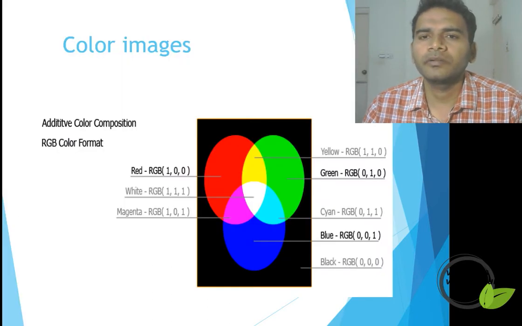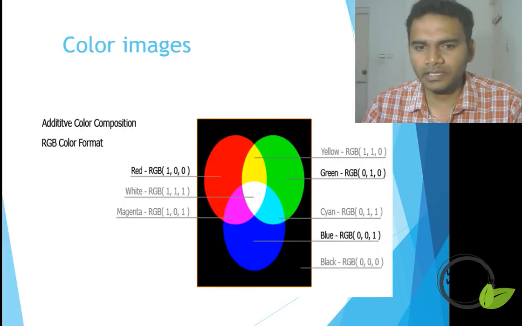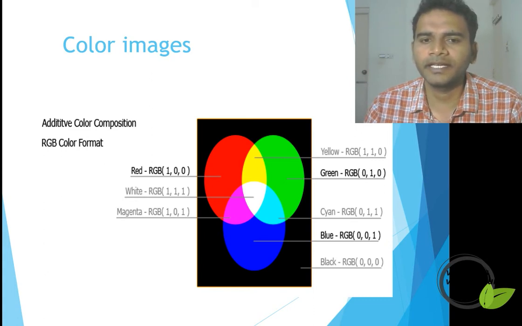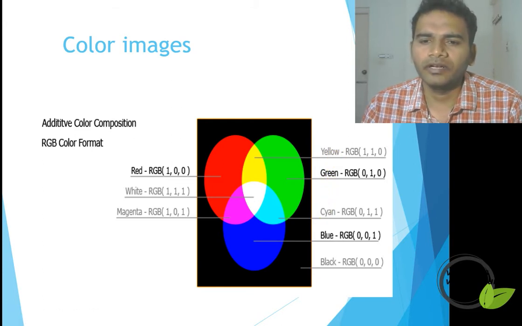So let us talk about realistic images, which are color images. They have majorly three components: red, green and blue, where in combination of these three colors we can get other colors. Yellow is a combination of red and green, and cyan we can get with green and blue.